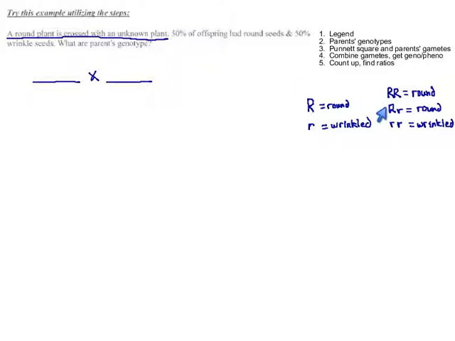You'd get round peas either way. That makes sense? So we know that about one of the parents. We know nothing at all about the other parent. And they're telling us for the offspring, they got 50% round and 50% wrinkled. And from that, we're supposed to fill in all these blanks. Tough one.